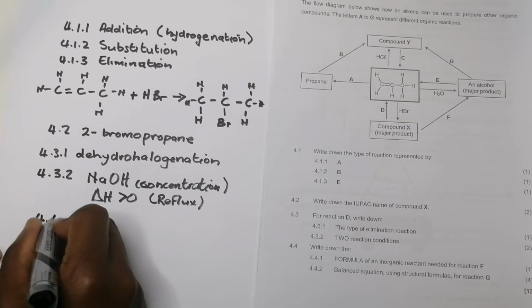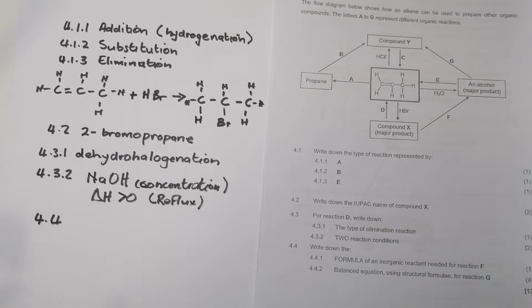So on 4.4 they said write down the formula of an organic or inorganic reactant needed in reaction F. Now let's go and look at reaction F. So we would have a haloalkane being changed into an alcohol, right?